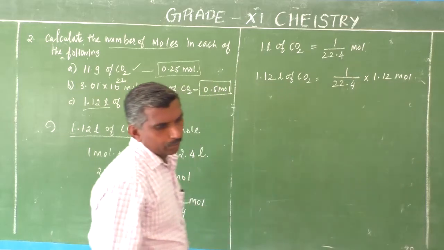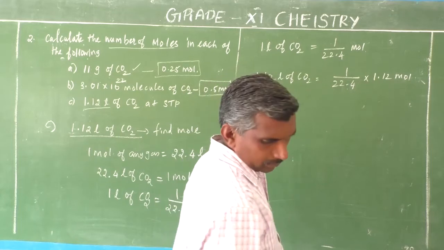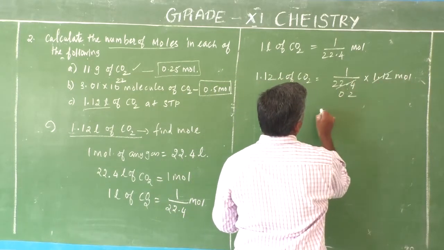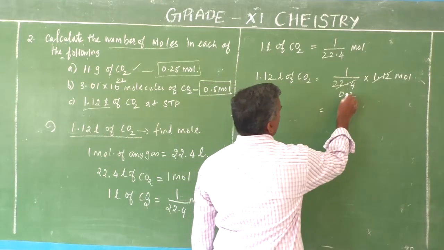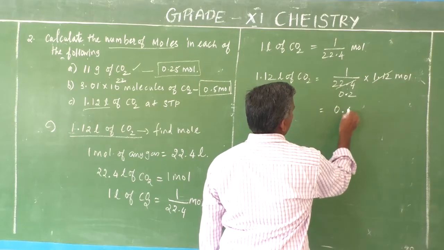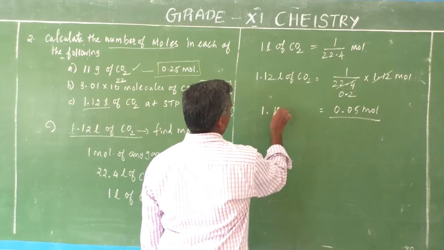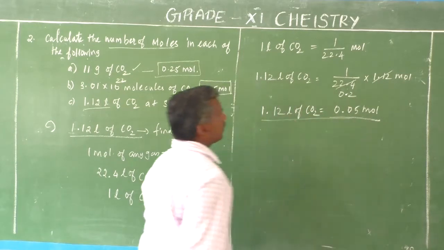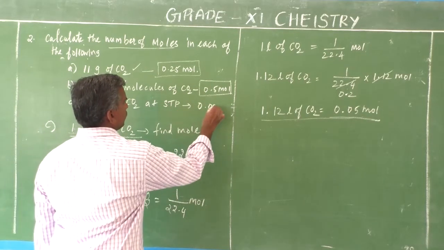That is a mole. What is the answer? The answer is 0.05 mole. 1.12 liter of carbon dioxide is 0.05 mole.